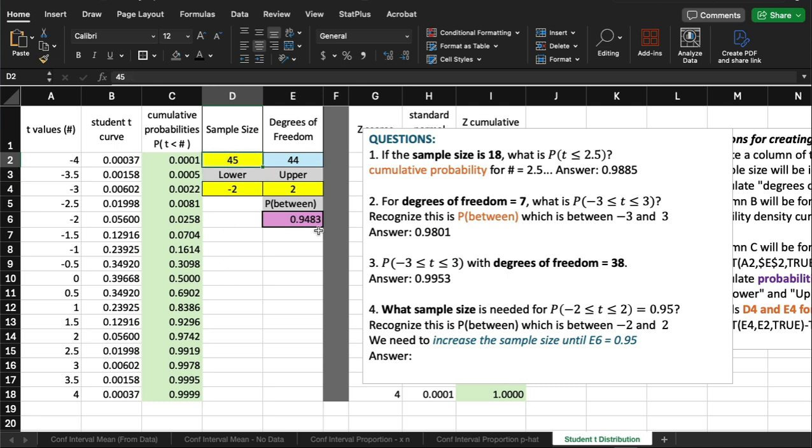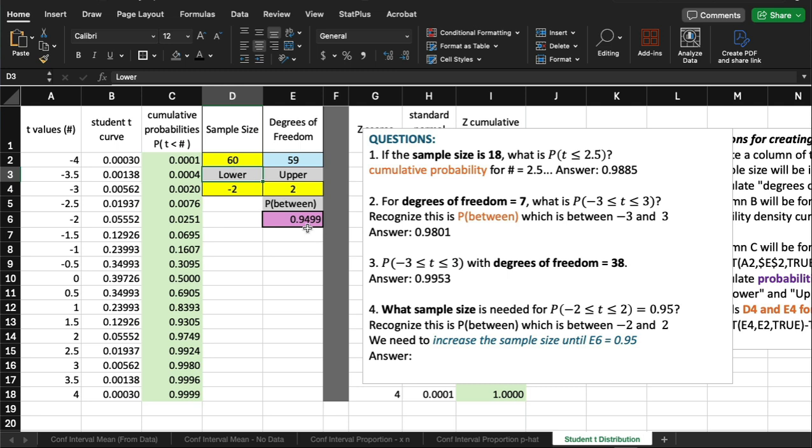That may look close to you, but it's not 0.0001 away. If we increase from 45 to 50, notice what happens there. It's still not 0.95. So we're going to keep messing with it until we get something extremely close.